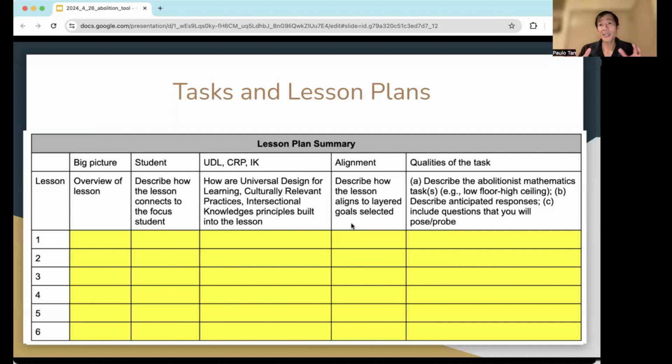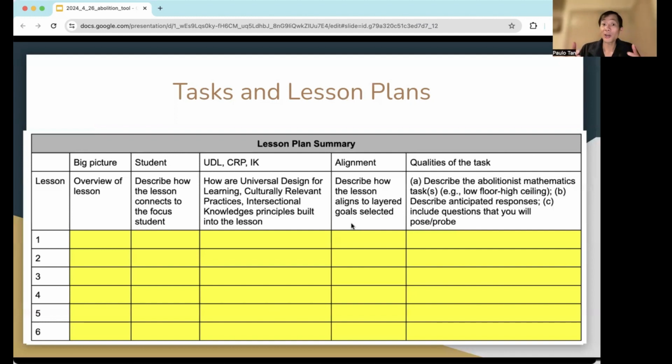So this is lesson planning, but it's not maybe what most folks are used to with a lesson plan template, because it doesn't have that flavor. It just has sort of a big idea approach, and then talk about the lesson, talk about how it connects to the focus student, and how it connects to the layer goals.